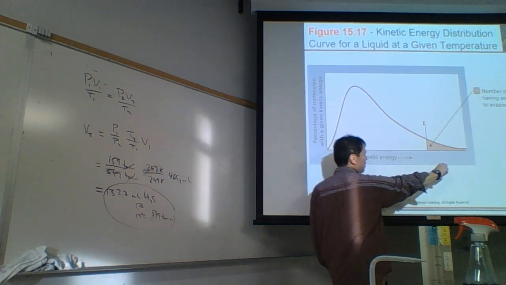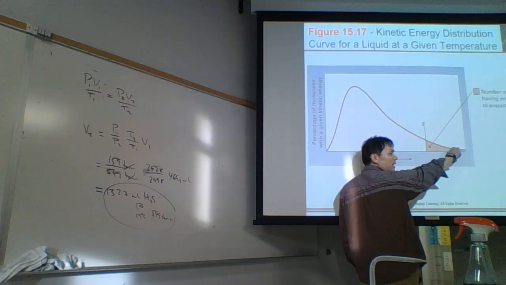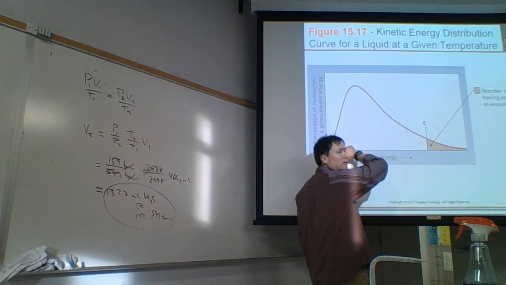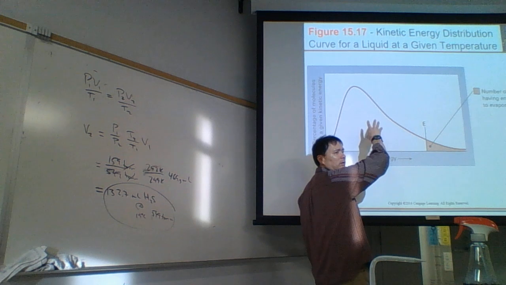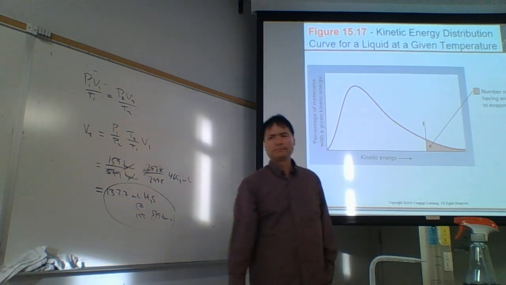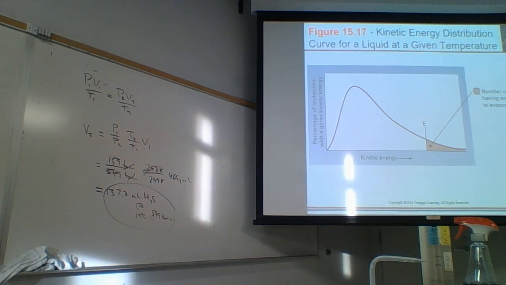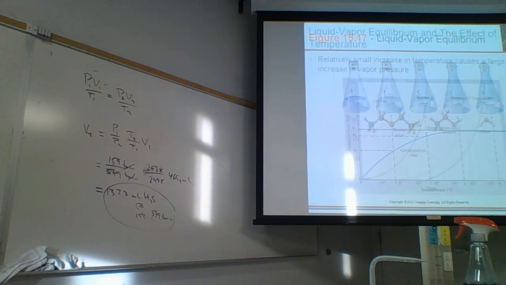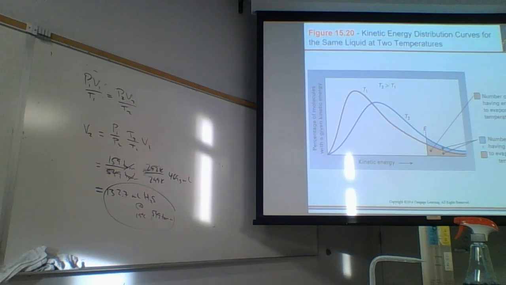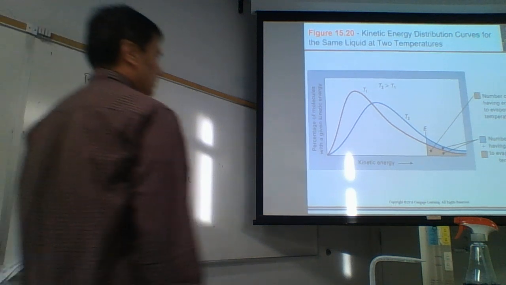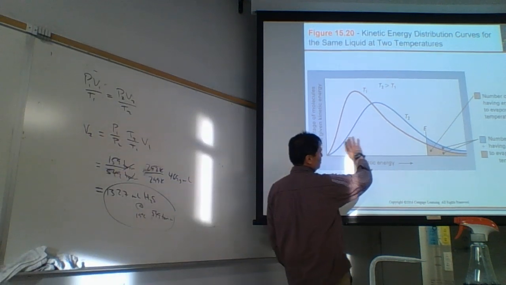You have a small group running way at the head and a group running at the end here, but the bulk are somewhere in the middle. It's a population distribution. Now, if you give them some extra energy, it kicks the whole group up.